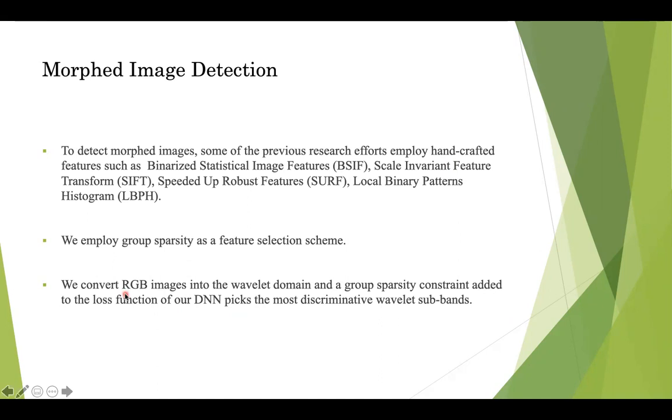We first convert RGB images into the wavelet domain, and the group sparsity constraint is added to the loss function of our deep neural network, which implicitly picks the most discriminative wavelet subbands.